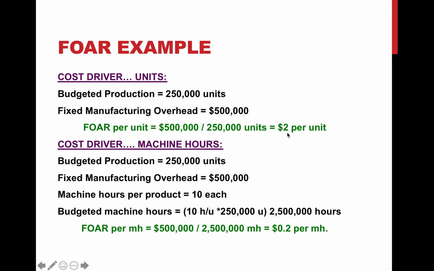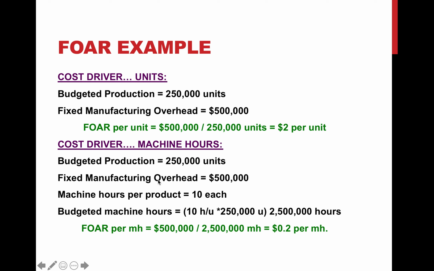That rate is going to be $2 per unit. You have to charge on that fourth element, the fixed manufacturing overhead, $2 per unit in each product.